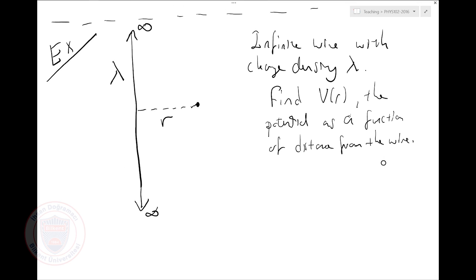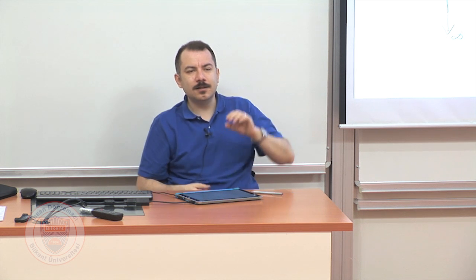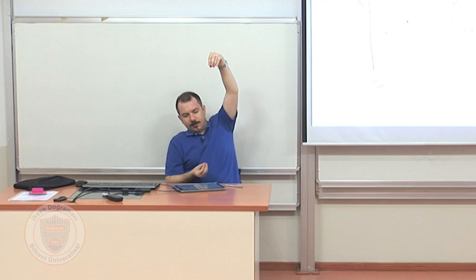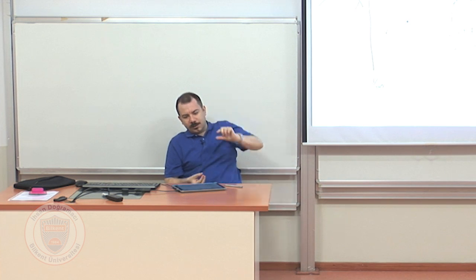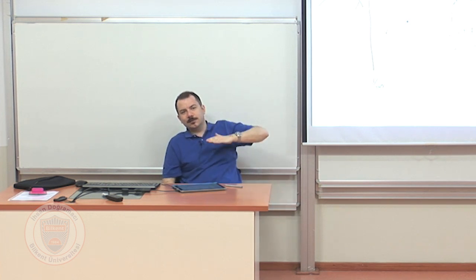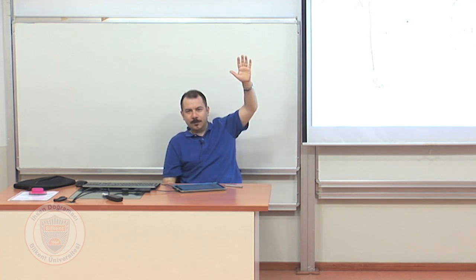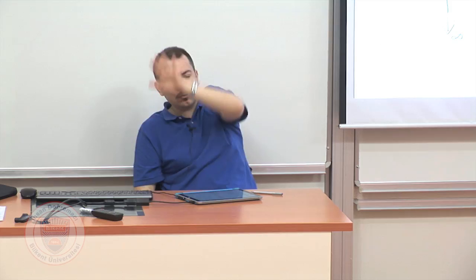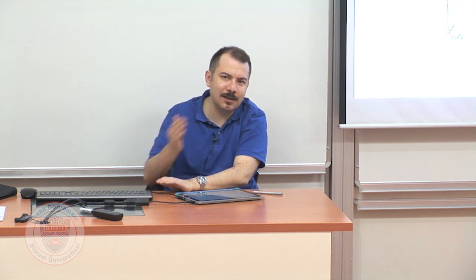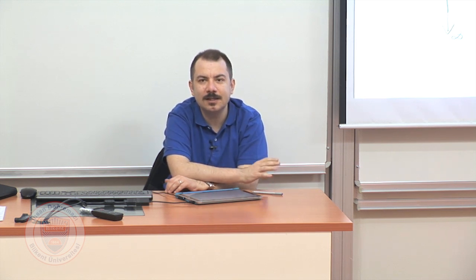Now, we've learned two methods to calculate the potential. I can either break up this infinite line into small sections and then integrate from minus infinity to plus infinity. That's the first way. Or I can first calculate the electric field and then find potential by integration. Now, in this problem, calculating the electric field is extremely easy.